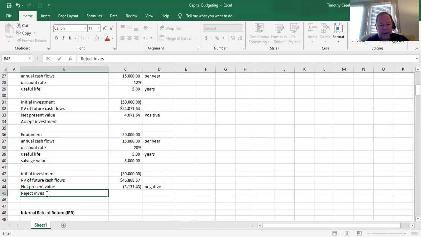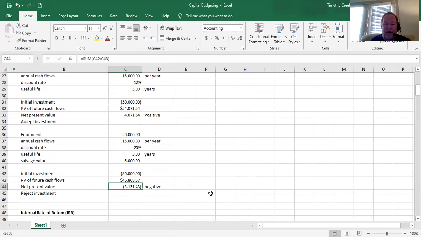And why you should reject the investment is, again, this investment is not giving you your discount rate or your required rate of return. Because if your discount rate is 20%, then you feel like you need to make at least 20% on any investments that you accept. So in this case, since we had negative net present value, this investment is not giving you a 20% return.